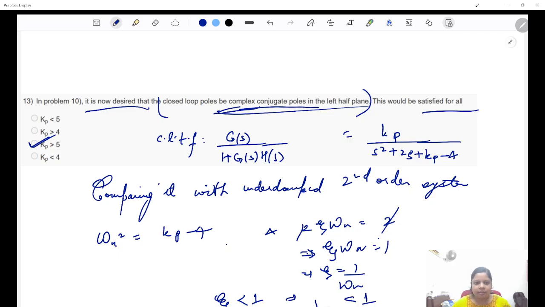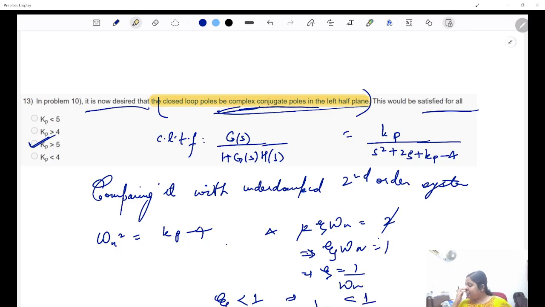Is that clear? So these hints are something which you have to take from the question. For getting the bounds on Kp, you needed to place a condition on zeta, and that came from this hint, that where should the poles be located.